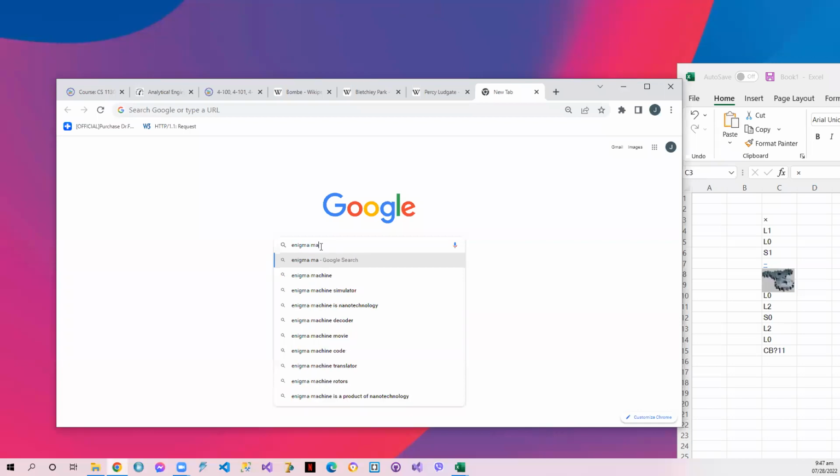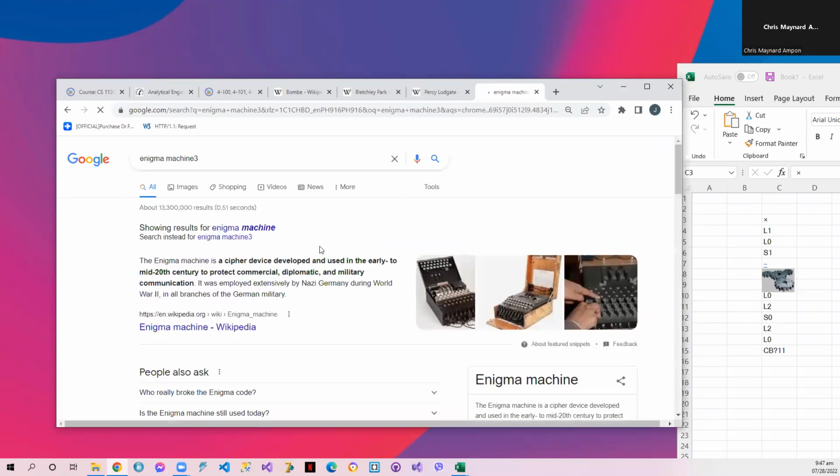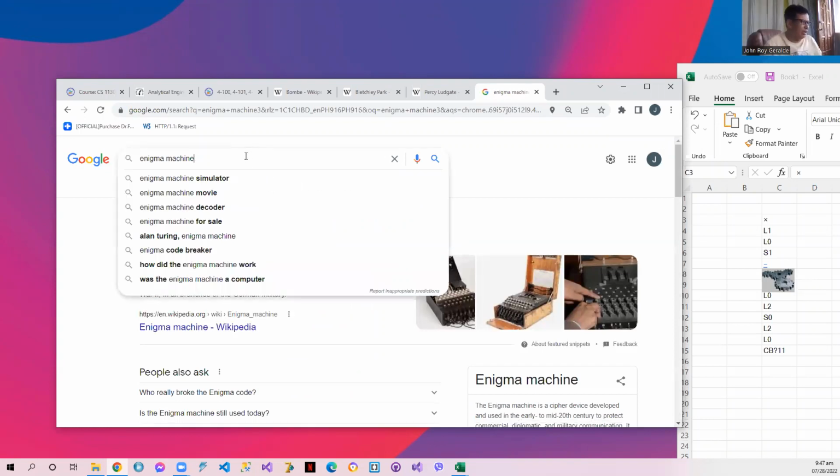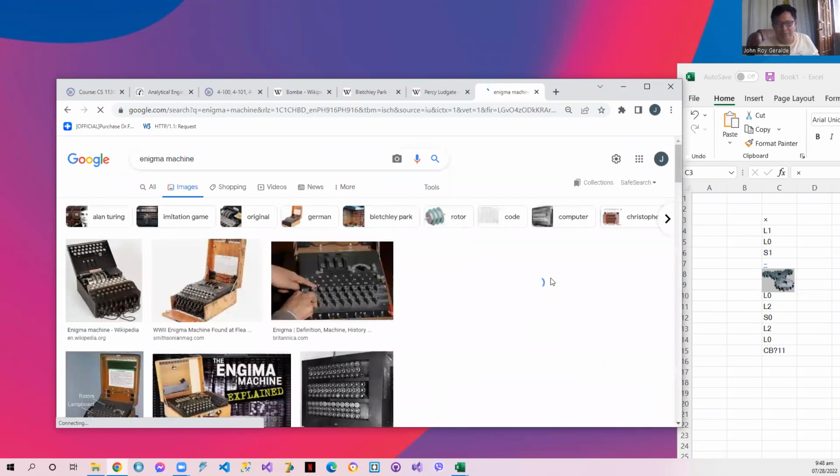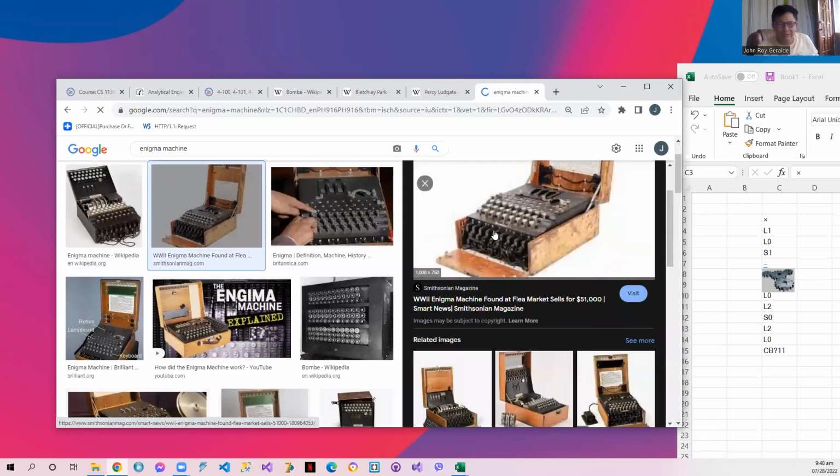What is the Enigma? German, sir. This is a typewriter or an encryption machine invented by Nazi Germany, so that they can communicate with their troops in the field very quickly.